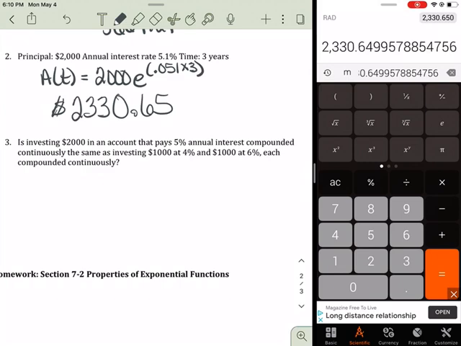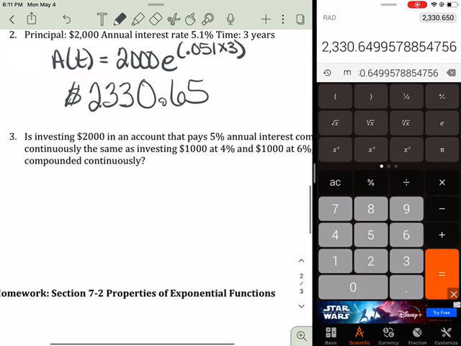Okay, let's try this last one. All right, so investing $2,000 in an account that pays 5% interest compounded continuously, is it the same as investing $1,000 at 4% and $1,000 at 6%, each compounded continuously? All right, so when I add these two together, are they the same as the one at 5%?